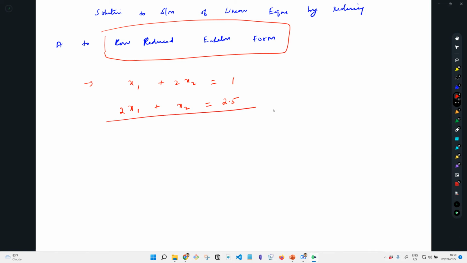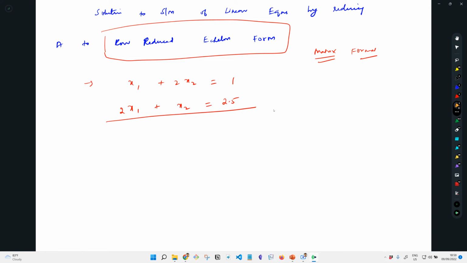Write it as AX equal to B, that is matrix format. Now let's forget about matrix format for now. How will you in general solve the system of linear equations? You are right, you can write it in matrix format and solve it later. But let's see how the traditional method works: by variable elimination.